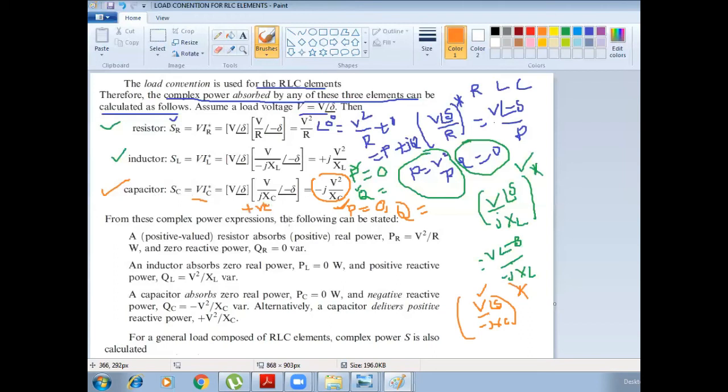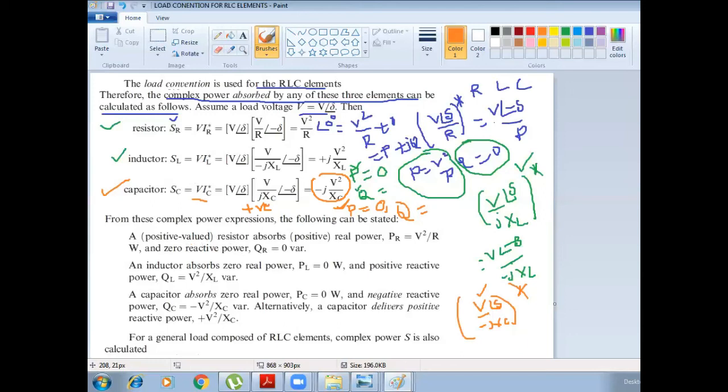Absorbing the negative reactive power means it is delivering the positive reactive power. So these are the three important considerations which we have to consider in a circuit having the R, L, C components with respect to the real and reactive power absorption or delivery.